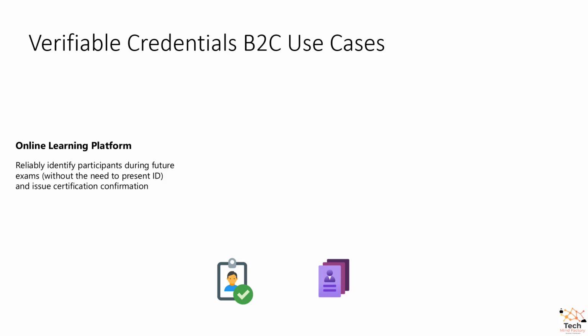And then if you want to access and pass any other exams in the future, instead of scanning the passport and uploading the photo of it, you just have to present your verifiable credential after scanning the code that was presented by the online learning platform, and then your identity is confirmed. This could be, in my opinion, quite an interesting approach, and I think that this can be one of the scenarios that will be implemented in the future in B2C scenarios.